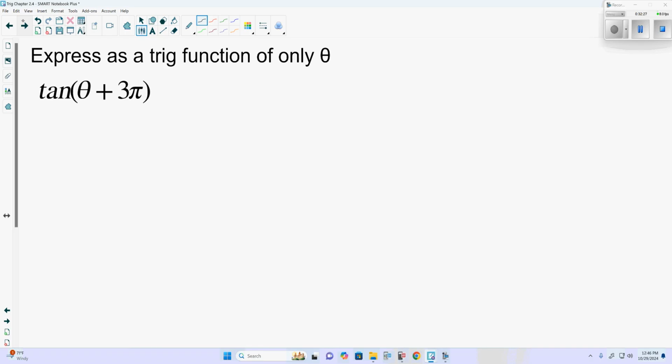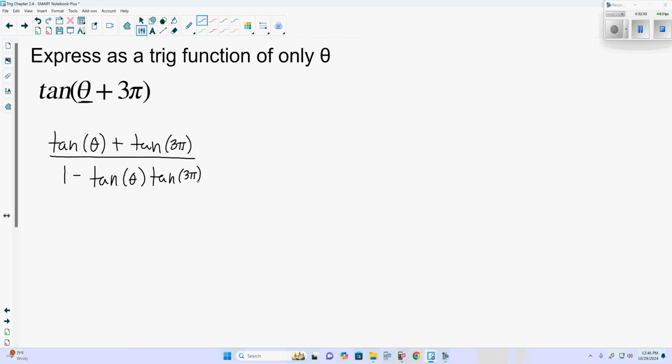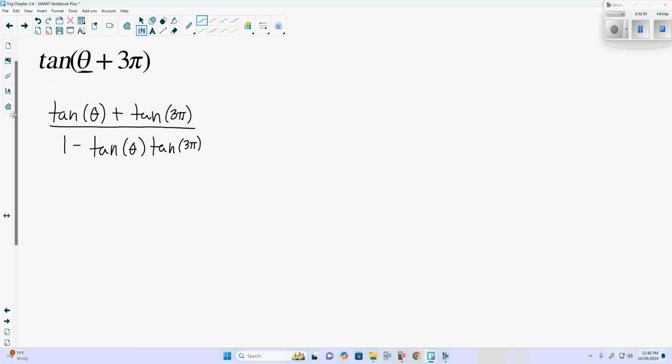Tangent of theta plus 3 pi, according to our theorem, is tangent of our first angle given to us, which is theta, plus tangent of our other angle, over 1 minus tangent of theta times tangent of 3 pi.